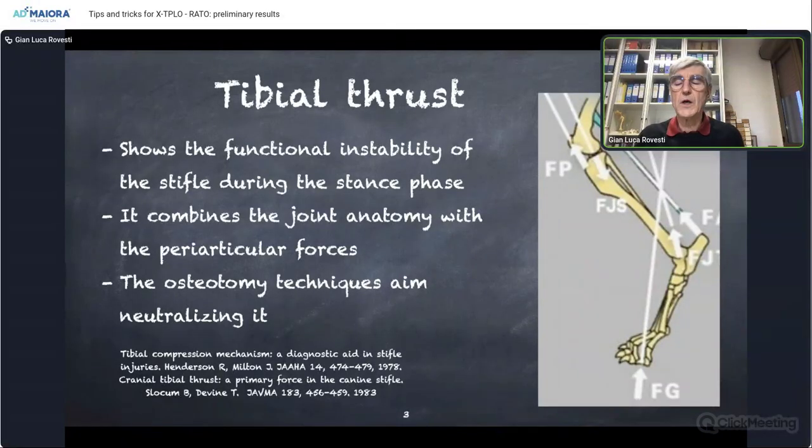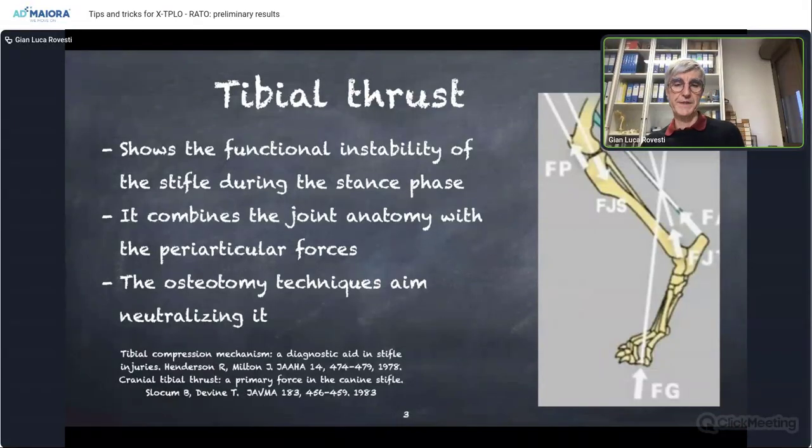The osteotomy techniques are referred to as functional stabilization techniques. That means the kind of stabilization they provide is not a static one. We are mainly interested in having the stifle stable during a specific range that is extension.